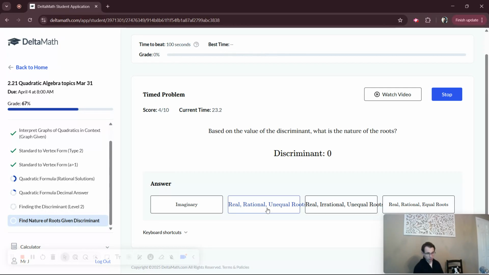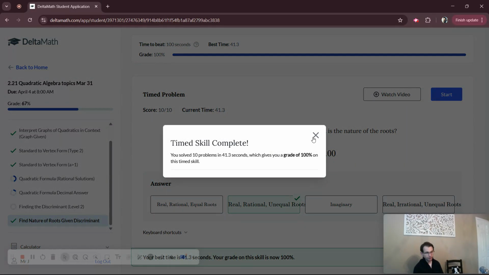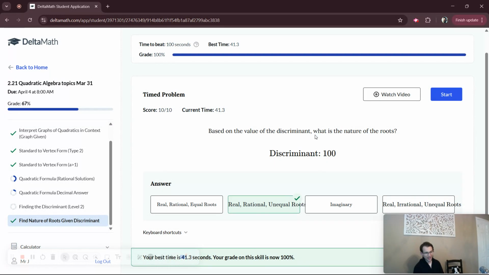Okay, discriminant 94, that's not a perfect square. That's real, irrational, unequal. That's imaginary. That's real, rational, equal. Imaginary, real, rational, unequal. Okay, so that's what that skill looks like.